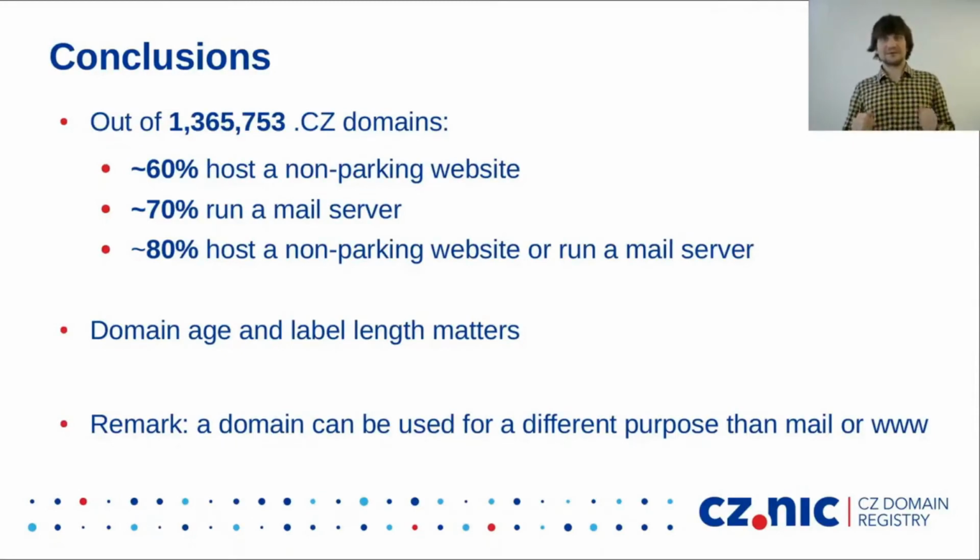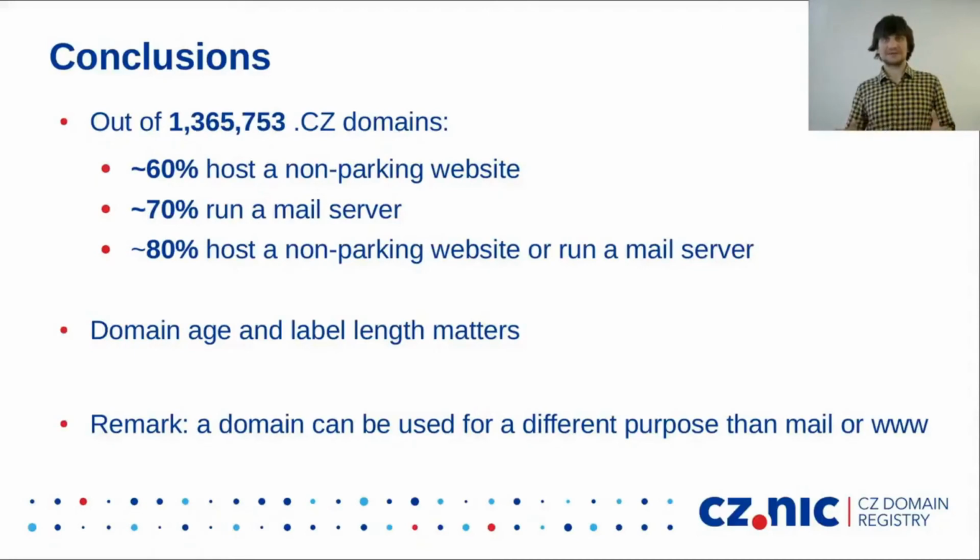And one remark has to be mentioned. We only investigated the mail service and web service, but a domain name can be used for different purposes. For example, it can run different services. It can only run subdomains.